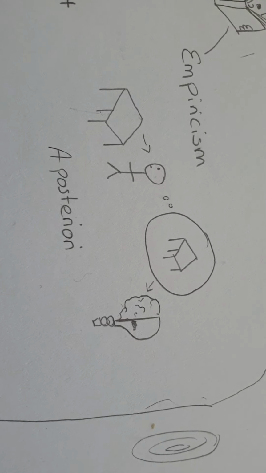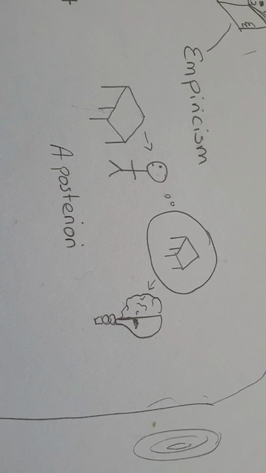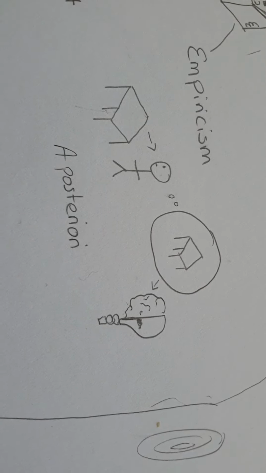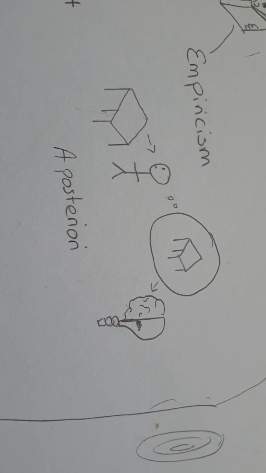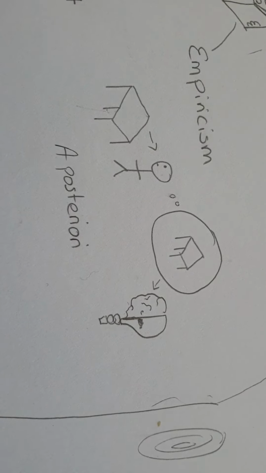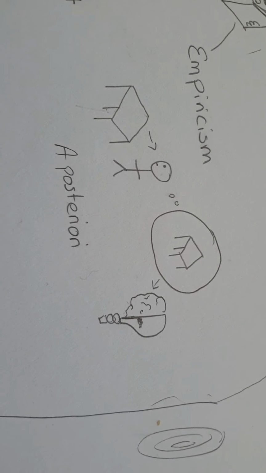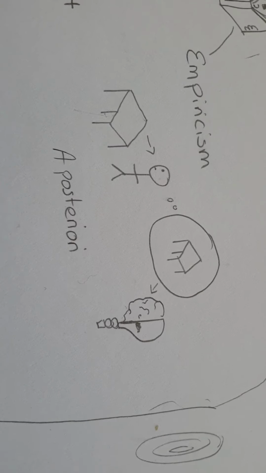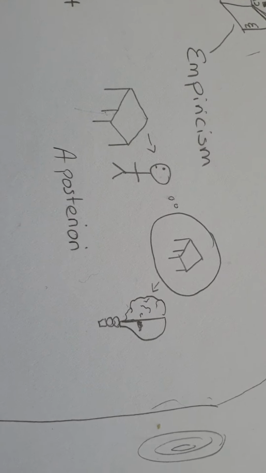So whether that's knowing that 2 + 2 = 4, or knowing that a table is a table, we have to go out into the world and experience objects in order to be able to know what the meaning of the words that relate to them are, if we're talking about maths. So we have to go out into the world and see 2 objects combined with another 2 objects in order to know that there are 4 in total.